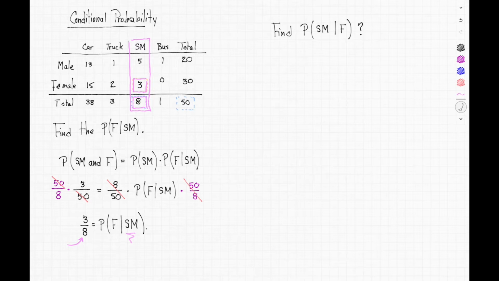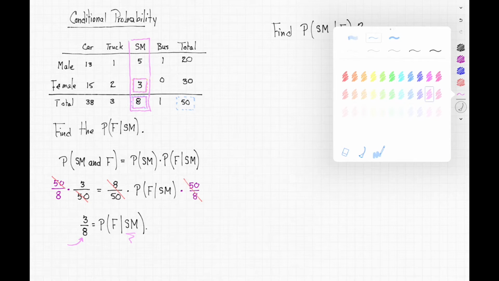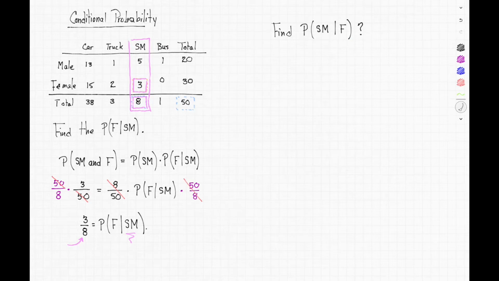Well, let's find out. This time I'm going to go with just the words here. So I'm going to grab a highlighter. Let's change color. This is probably a green issue. Now this says start by looking at female. So a female had to be selected. That meant the first person had to come from this group of people right here. That was the first thing that had to happen.